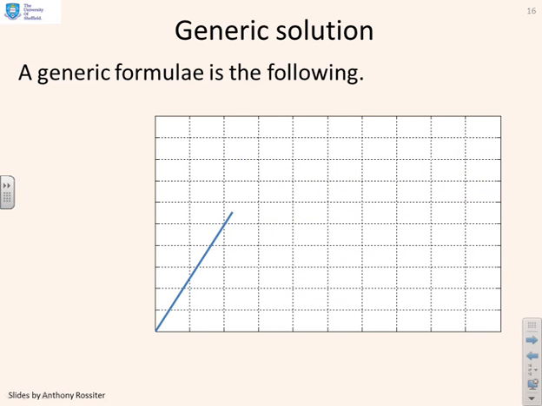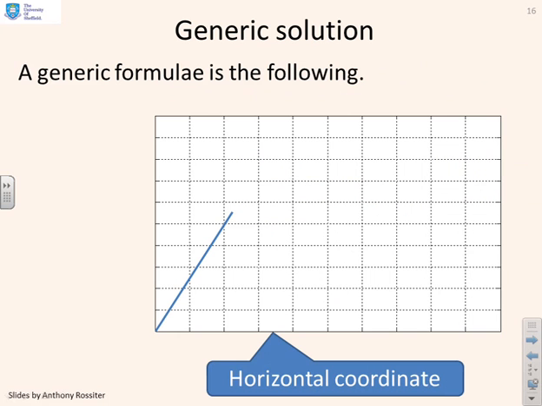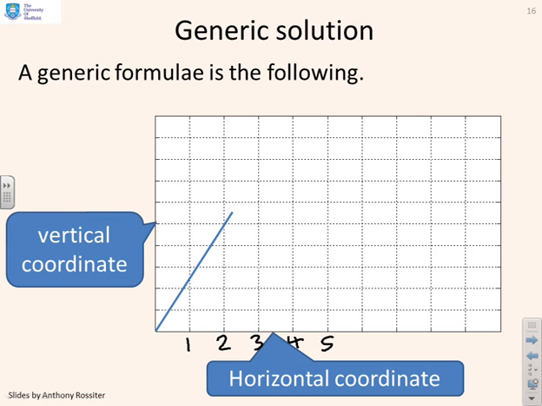What about a generic solution? Here's a straight line here. Can you find a formula which represents this straight line? Well, first of all, let's mark some values for the horizontal axis. So I'm going to put 1, 2, 3, 4, 5, and so on. Next, mark some values on the vertical axis.